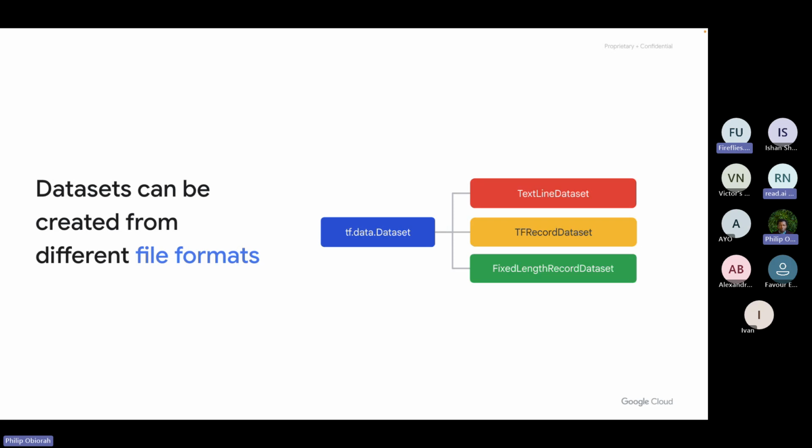Instead of the overhead of opening millions of individual JPG images or text files, we might decide to pack them into large TensorFlow record files. This is very good to stream data sequentially, which gives us much faster disk I/O operations.